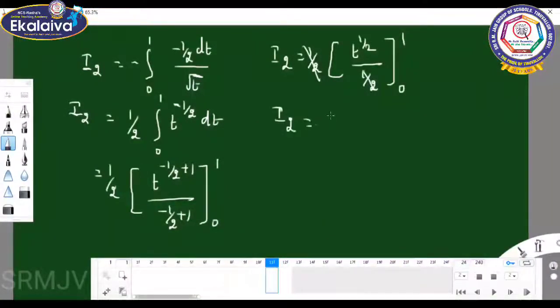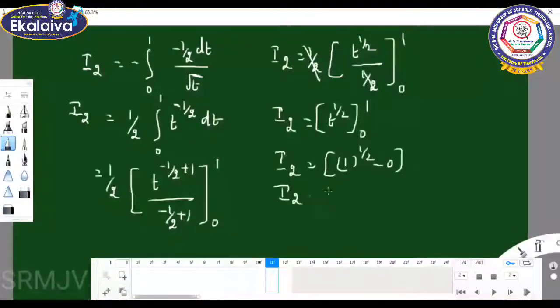I2 equal to t power 1 by 2, the limit is 0 to 1, upper limit minus lower limit. So what is the value of I2? I2 equal to 1.